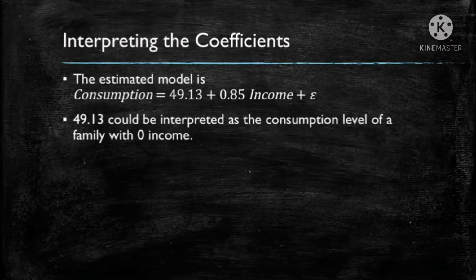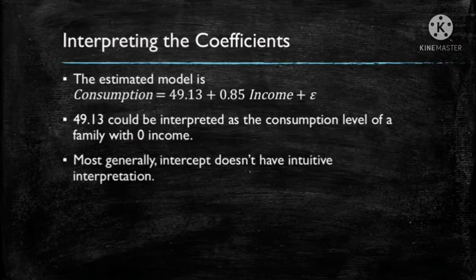So using this, we could interpret the intercept as the consumption level of a family with 0 income. Now this makes little sense unless we assume that there's a state-run program that offers financial aid to families with no income, such that thanks to this aid they can have some consumption, but more generally the intercept will not have an intuitive interpretation, meaning that in most cases we will actually be ignoring it.